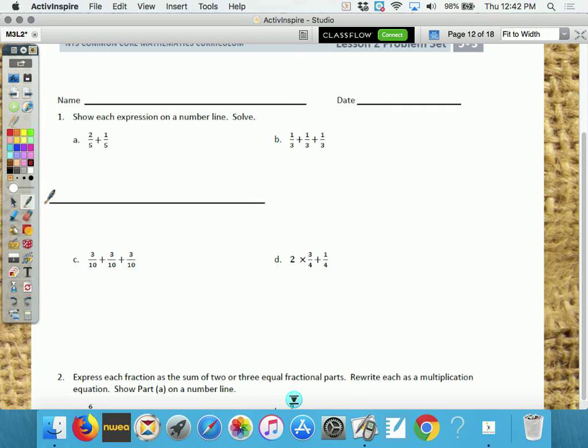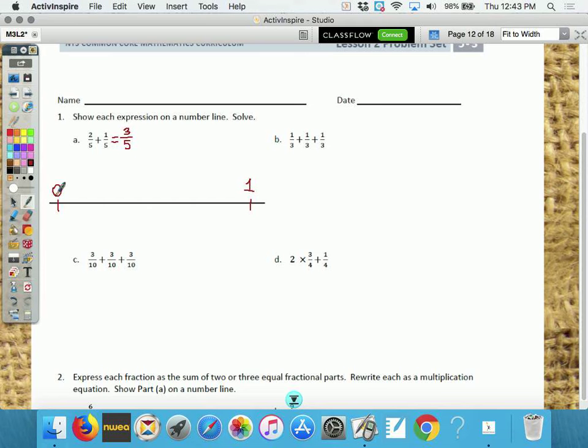So 2/5 plus 1/5 equals what, boys and girls? 3/5. Okay? McKenna, is that more or less than 1 whole? Less. Good. What would 1 whole be? 5/5.